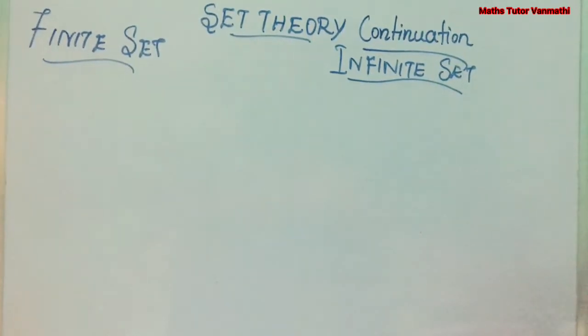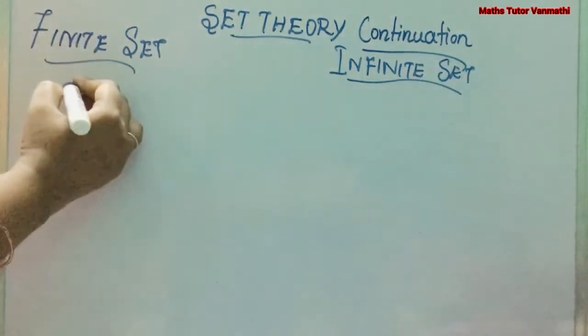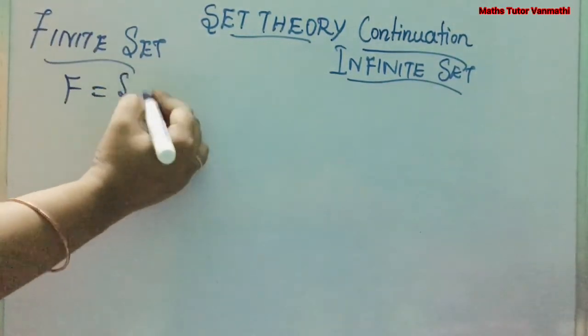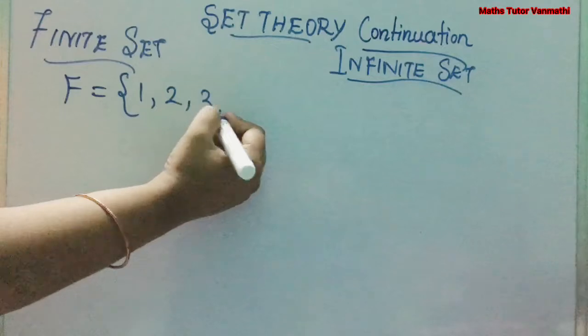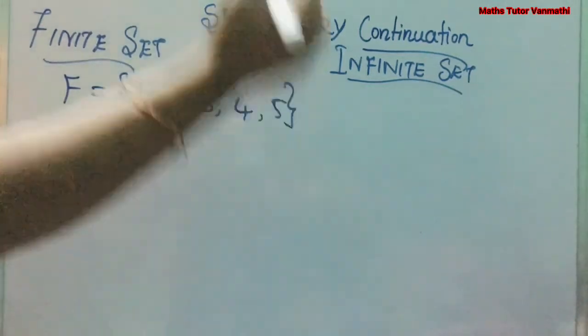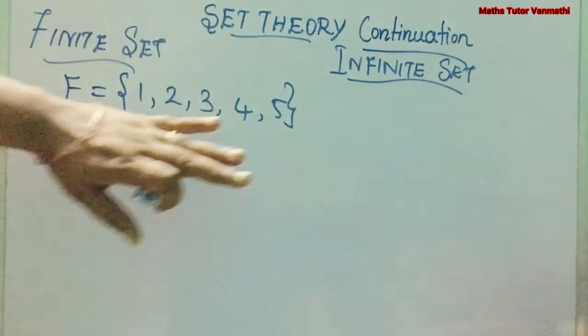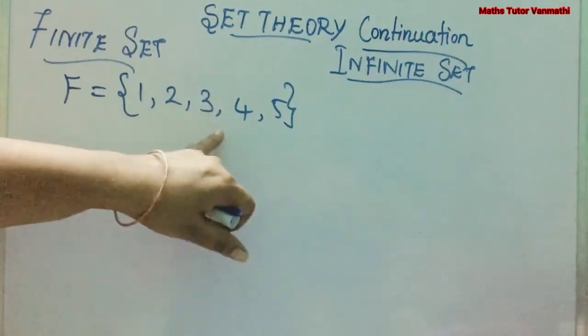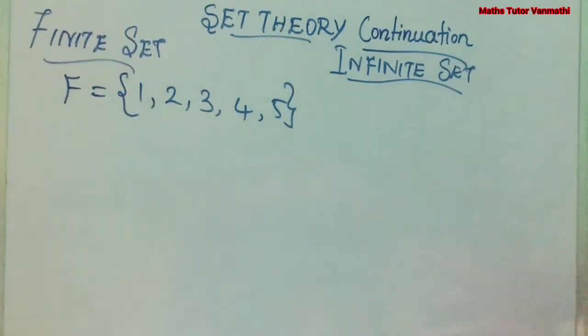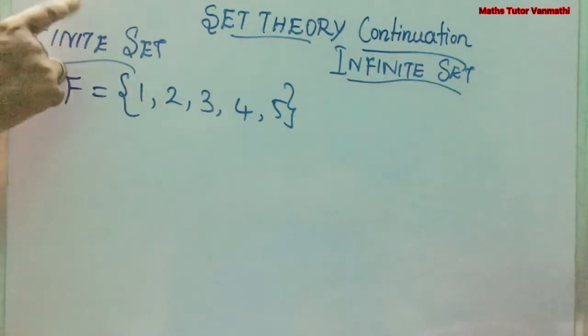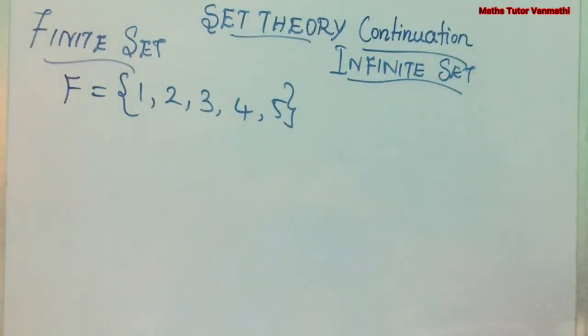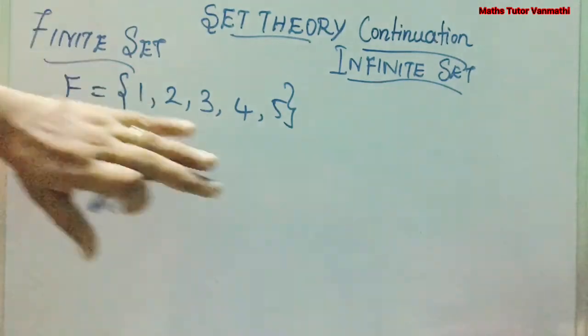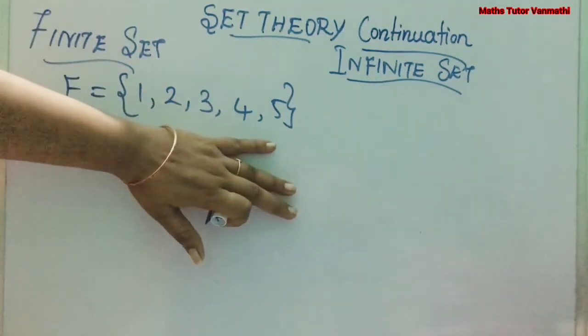So I am taking one set F equal to {1, 2, 3, 4, 5}. That's it. Here in this set I have the elements 1, 2, 3, 4, 5, so it is limited to 5. So this is called a finite set. Only a limited number of elements are there in a finite set.